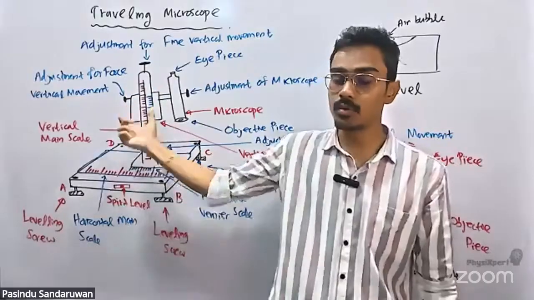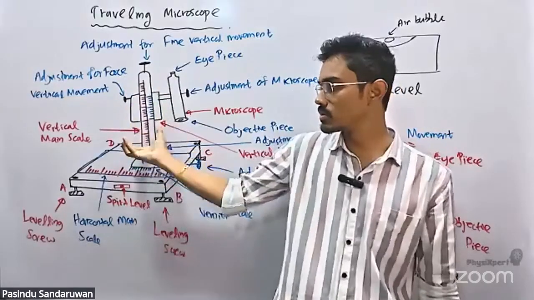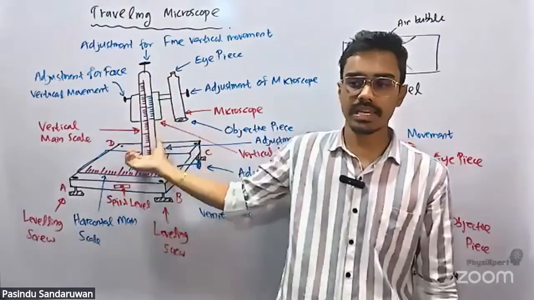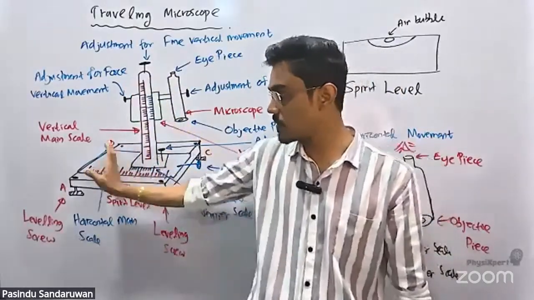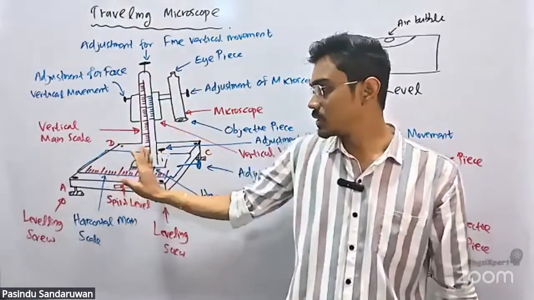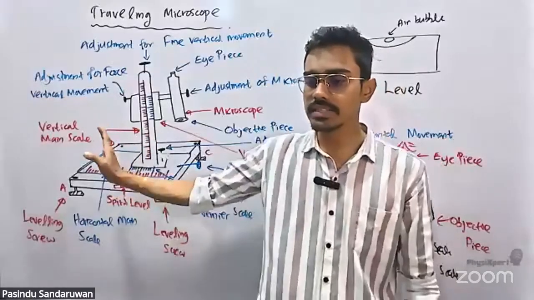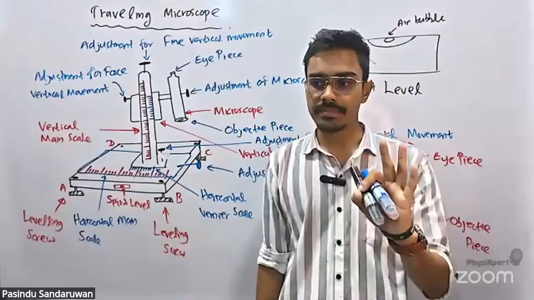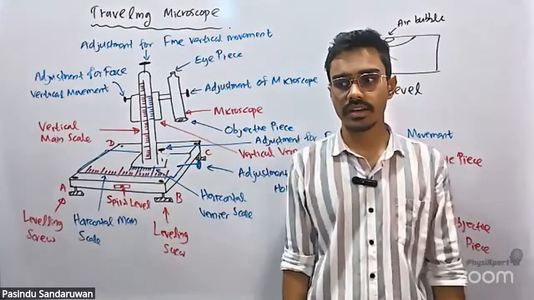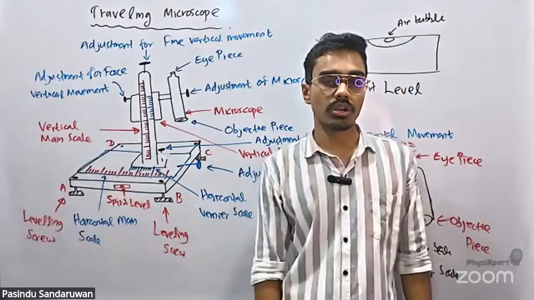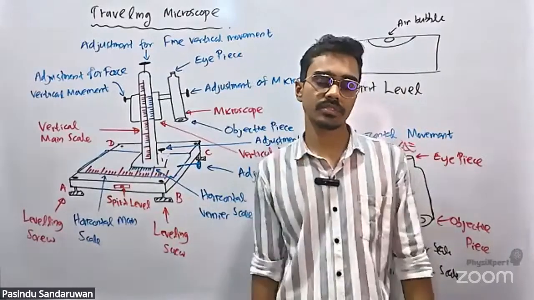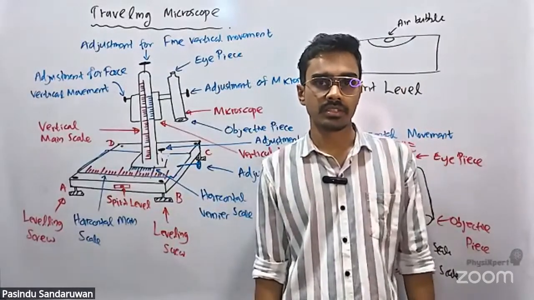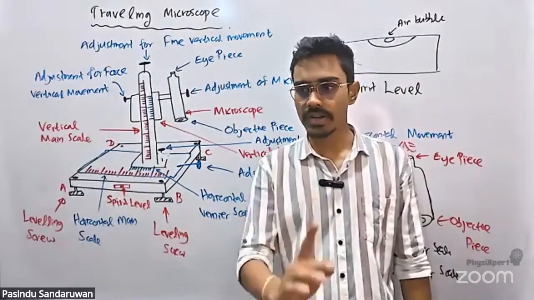If you are moving this part vertically, you move it along the vertical vernier scale like this, and if horizontally, along the horizontal vernier scale. Only one movement at a time. It's clear, right?